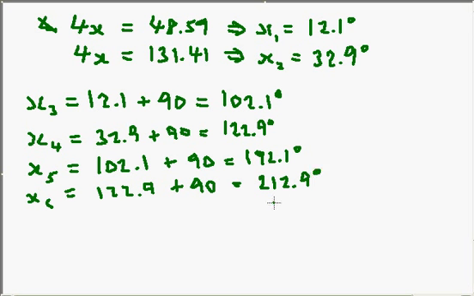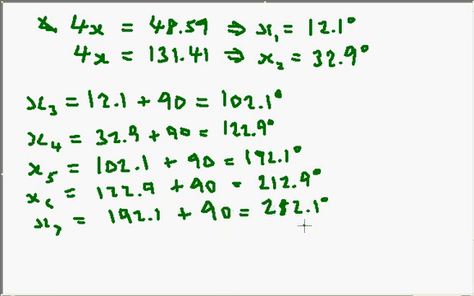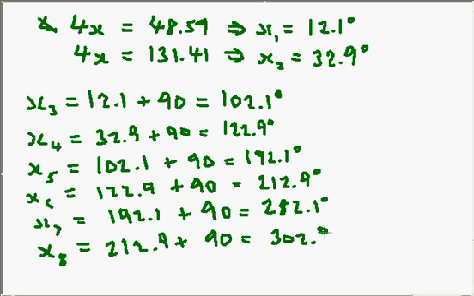That's my sixth solution. Solution 7 will be 192.1 plus 90, which is 282.1 degrees. And the final solution, x8, is 212.9 plus another 90, which is 302.9. So that gets me my 8 solutions.